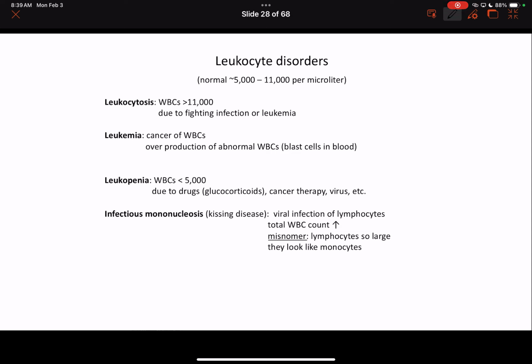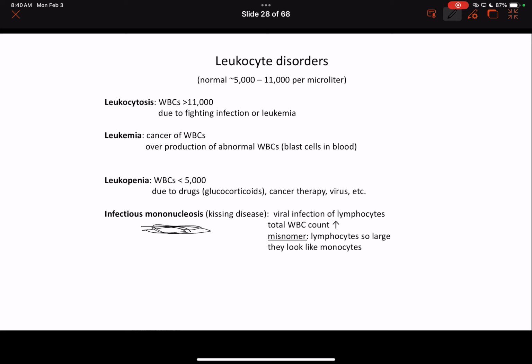And then also infectious mononucleosis. This is a viral infection of lymphocytes specifically, and total white blood cell count usually will increase. What's a little bit funny about mononucleosis is that it was named wrong. It was named because they thought it was an infection of the monocytes, because the cells were so large.